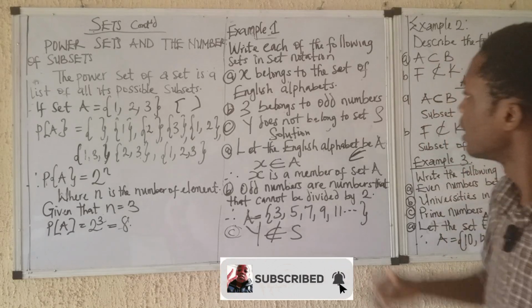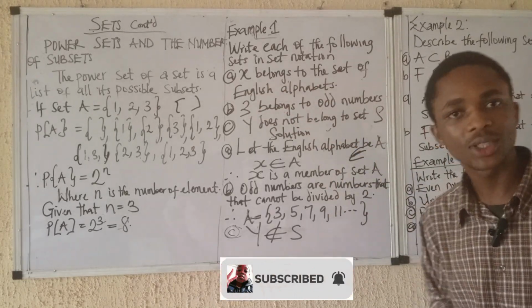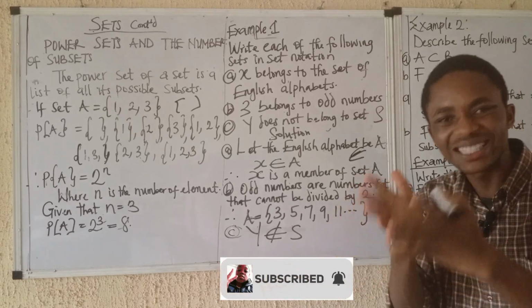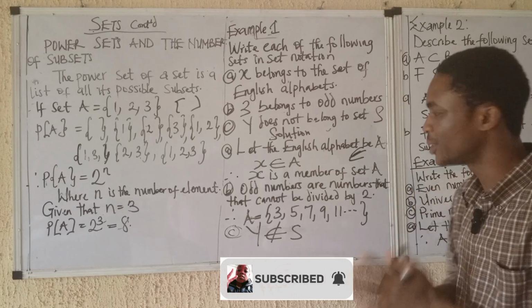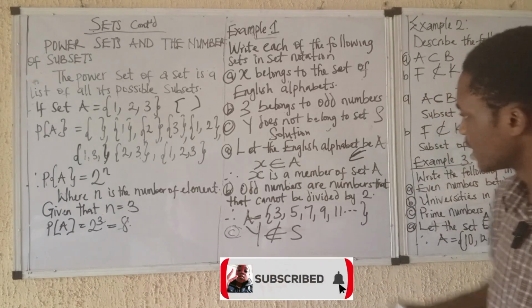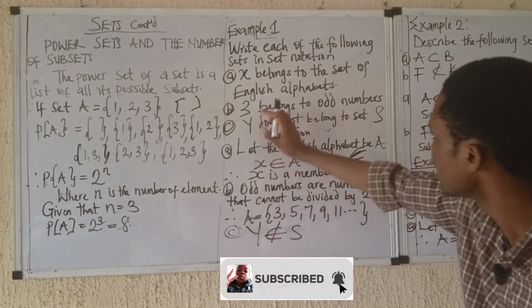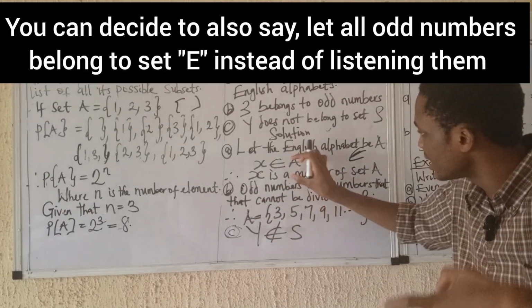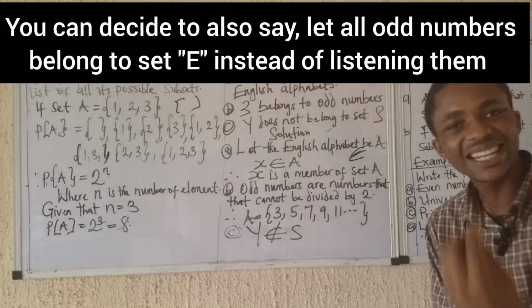Now, B. 3 belongs to odd numbers. What are odd numbers? Remember, odd numbers are numbers that cannot be divided by 2 exactly. Now, using the same letter A, they say this 3 belongs to odd numbers, so 3 is among them.